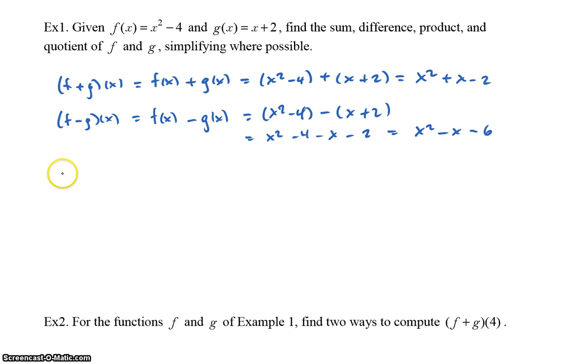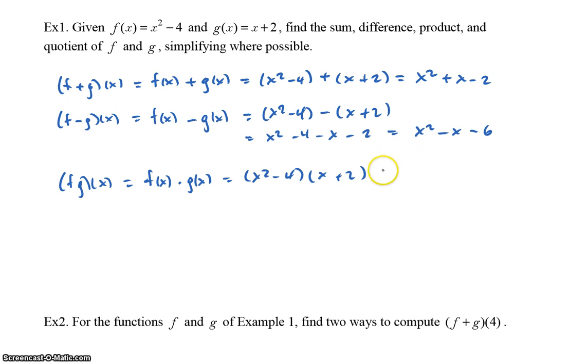The product of f and g would be f g of x, f times g of x, which is defined as f of x times g of x. Again, f of x is x squared minus 4. G of x is x plus 2. And then multiplying, we can apply FOIL.